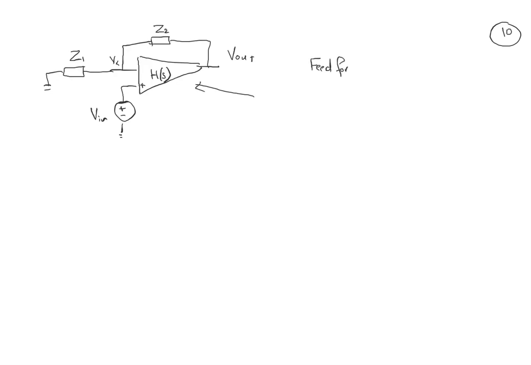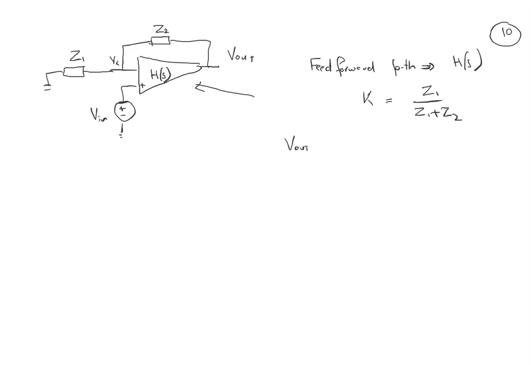Feed forward is H of s, right? What is the feedback path? If we talk about k, the feedback path is formed by k. So what is k for me? k is equal to z1 divided by z1 plus z2. And what will the closed loop transfer function be?